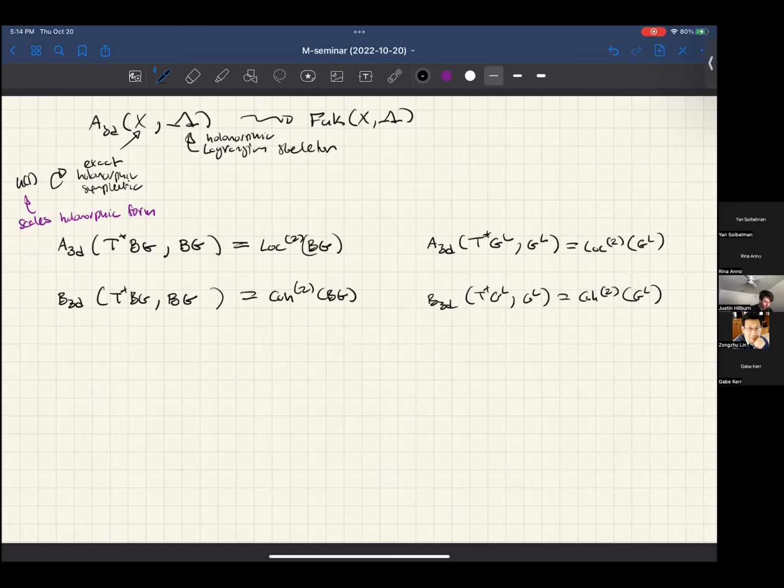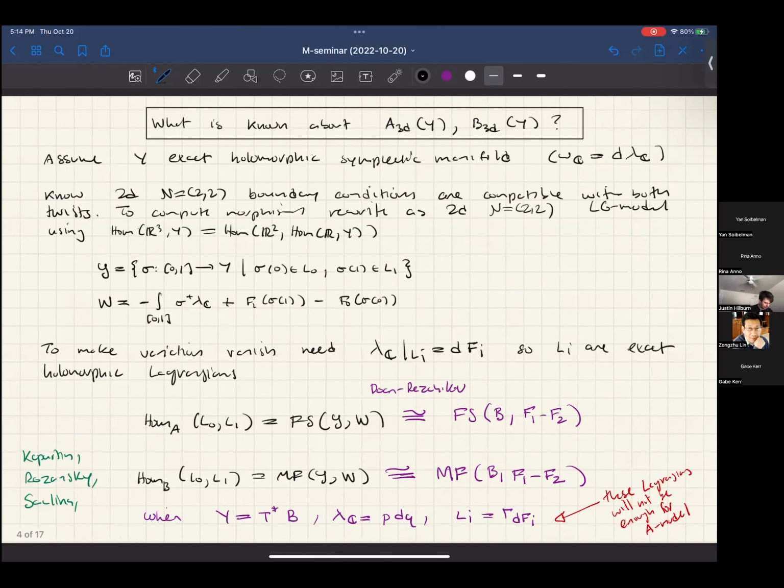Back when I had told you guys about the physics construction, I had mentioned that in the A model there was this really great result of Dimofte and Reshetikhin, where basically they computed in a cotangent bundle what the HOMs between the graphs of one forms look like.